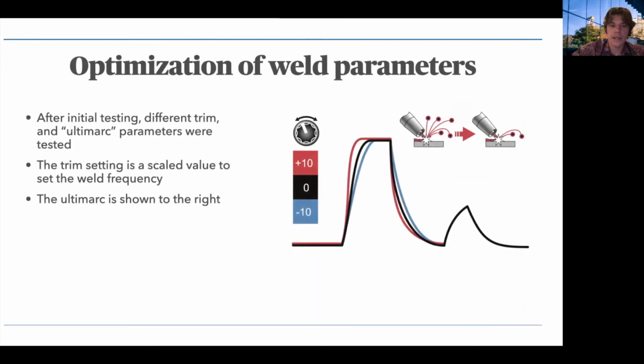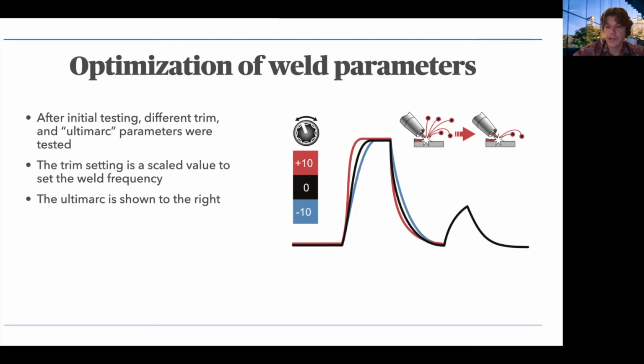So what is Ultimark? Ultimark is a manipulation of the welding arc or waveform of what will be given to the electrode from the power supply. As we can see to the right, this is an image of how the Ultimark setting can change from the lowest to the highest.